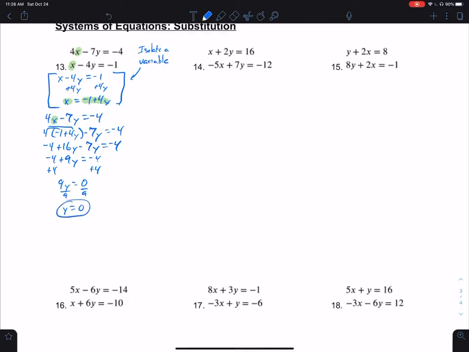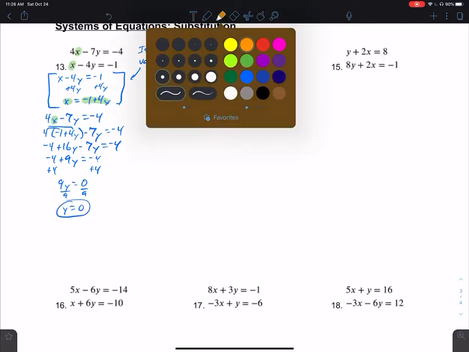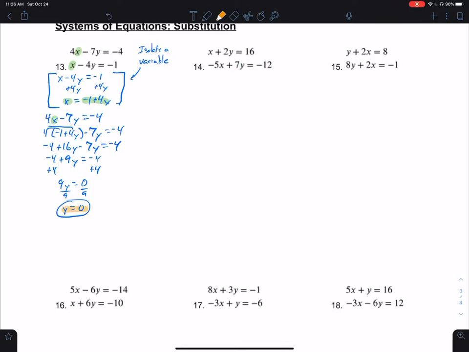So that's the first part of our answer. And what I'm going to do is take that y equals 0, and I have the choice. I can plug it in here, here, or I can even plug it into the new equation that I've created. And what you'll find is that it's going to be easiest to plug it into that new equation. So I have x is equal to negative 1 plus 4y, and I'm going to plug in for that y variable.